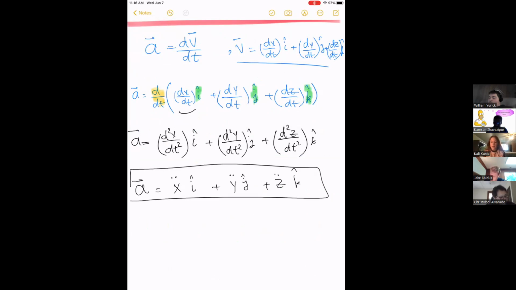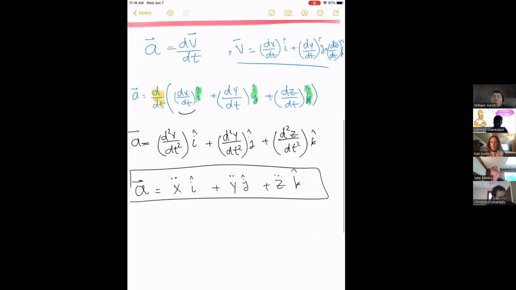Once more, if we consider that a is a vector in the Cartesian coordinate system, the component that comes with i is going to be ax. The component that comes with j is going to be ay. And the component that comes with k is going to be az.